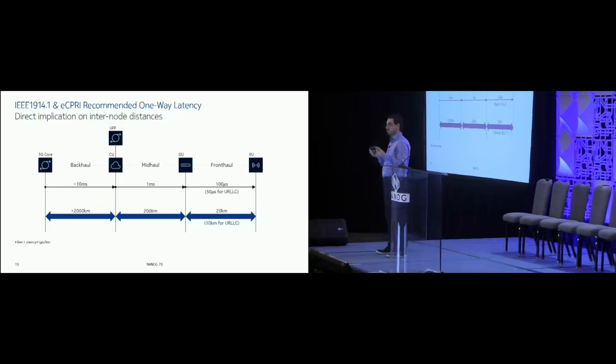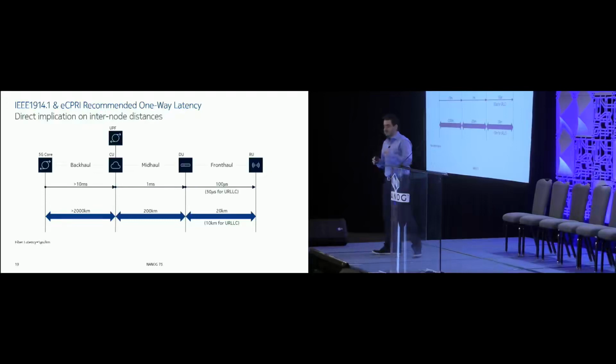So from the RU and the DU perspective, you have a one-way latency of 100 microseconds, right? So that means that if you consider that in a fiber, the light travels at 5 microseconds per kilometer, that gives you around 20 kilometers from the DU to the RU. And I apologize, I'm from Canada, but it's about 12 miles if we convert that, right?